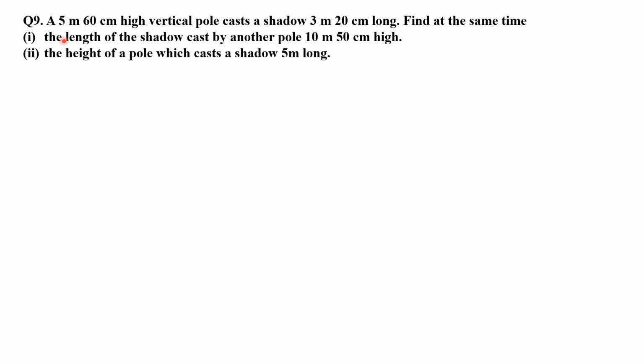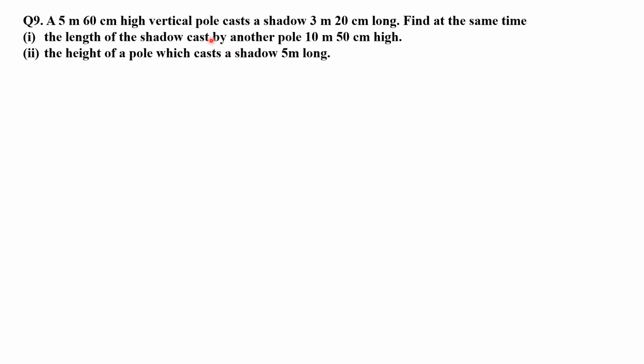Now question number 9. A 5 meter 60 centimeter high vertical pole casts a shadow 3 meter 20 centimeter long. Find at the same time the length of the shadow cast by another pole 10 meter 50 centimeter high, and the second one the height of a pole which casts a shadow of 5 meter long.